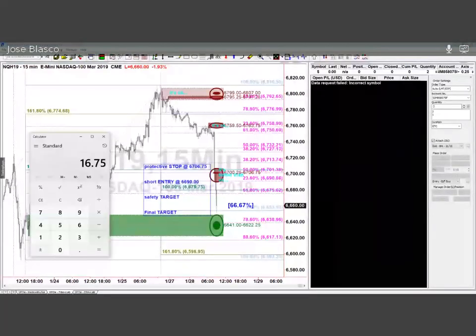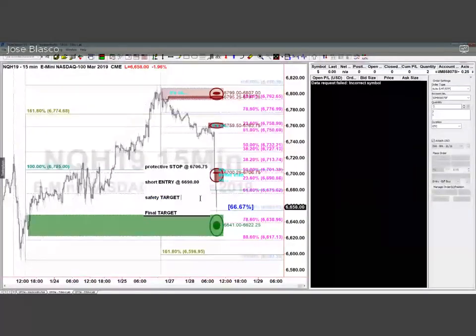If I project this to the downside, below 6690, that would make my safety target 6670. And my final target would be this green box located at 6648.75.